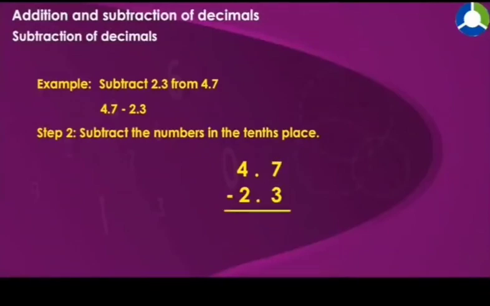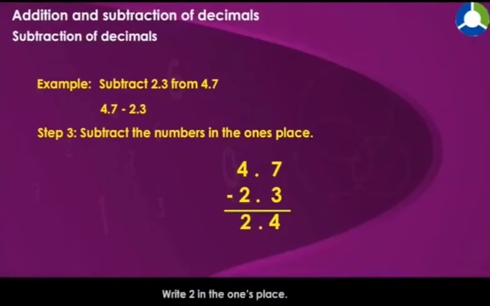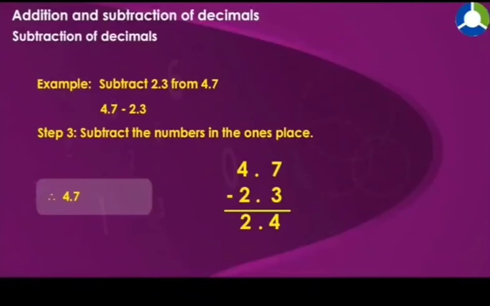That is 7 minus 3 equals 4. Write 4 in the tenths place. Step 3, subtract the numbers in the ones place. 4 minus 2 equals 2. Write 2 in the ones place. Therefore, 4.7 minus 2.3 equals 2.4.